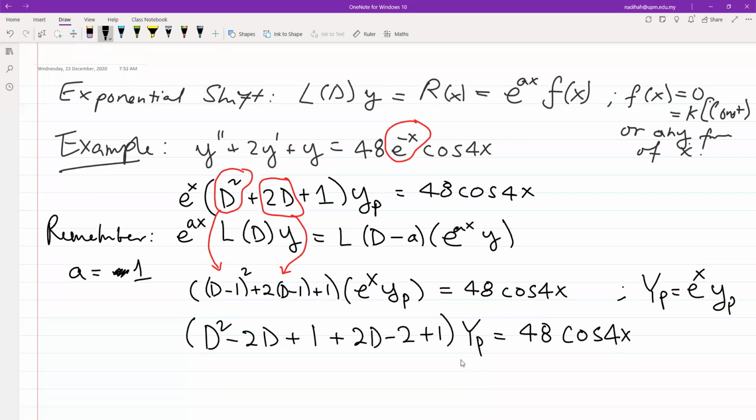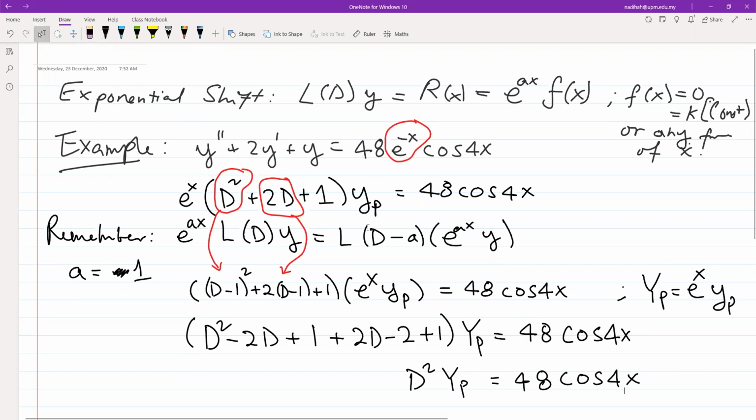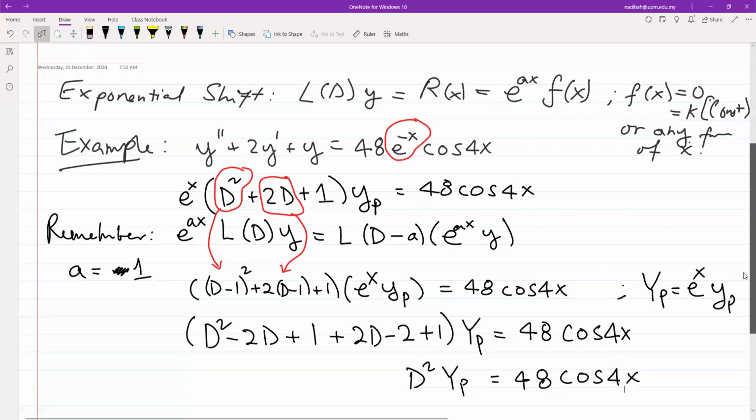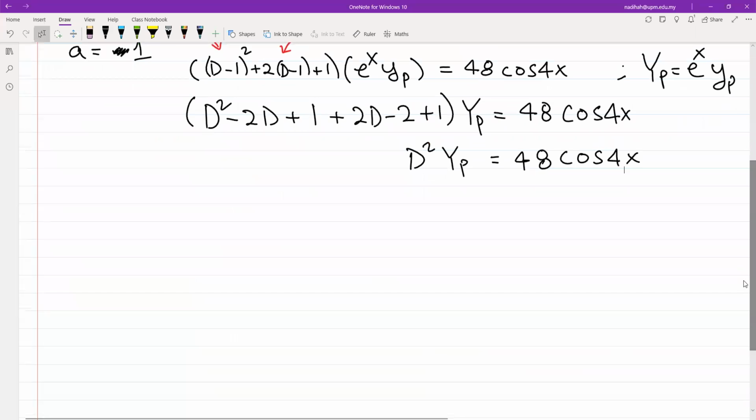If you simplify this, you will have just the second derivative of yp equals 48 cosine 4x. Any questions so far? All right, let's move on.